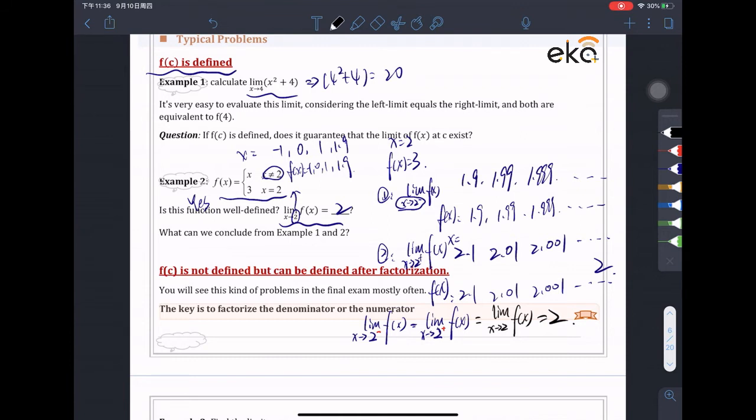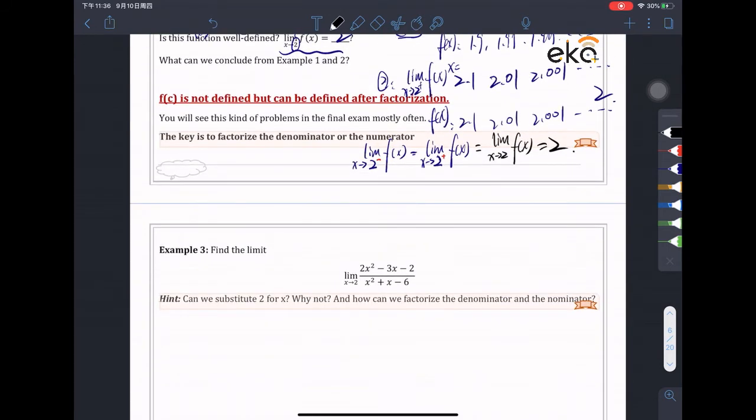But from the function, when x is equal to 2, the function value is 3. Okay. So if the function is defined and f(c) is defined, it does not guarantee that the limit of f(x) at c exists, or that it is the same value as the function.